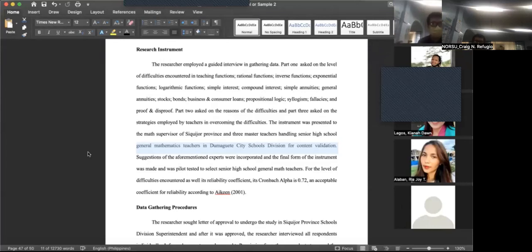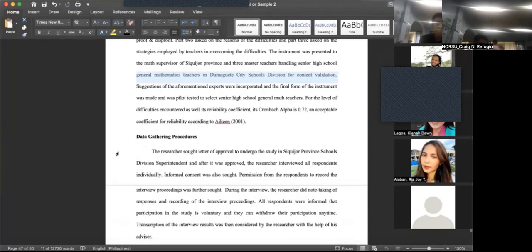If you have not pilot tested that, you could not say 30 minutes, 40 minutes, or 50 minutes. As a researcher, you must have a well-validated, estimated time allocation in answering the research instrument.